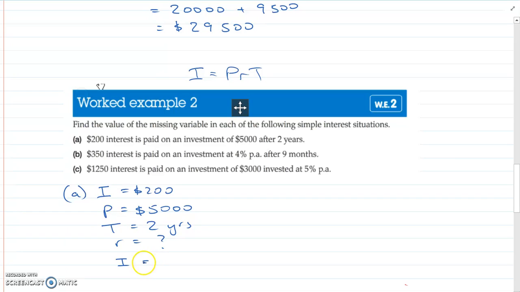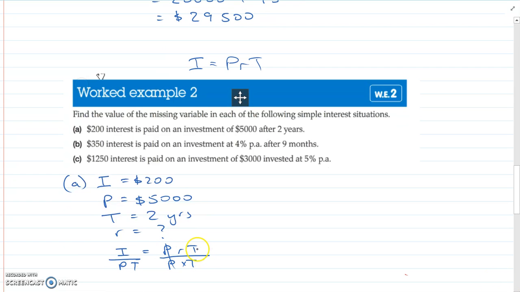We've got I equals PRT. To find R, we have to get R by itself. So we have to divide, we have to get rid of the P and the T. So if we divide by P times T, that's basically what we're doing here, just dividing them both at the same time.